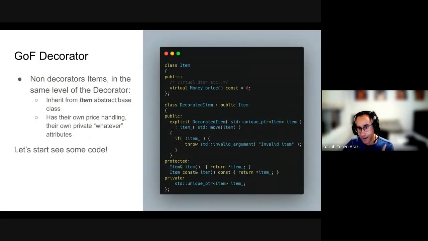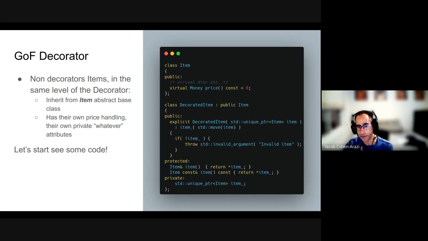It inherits from item, but also holds an item. So I can have a specific item. This item can internally be a decorator itself. I'm passing that in when I'm constructing this, keeping it here. If someone wants to access the item, it's through protected data members, but they don't have access to the item itself this way.